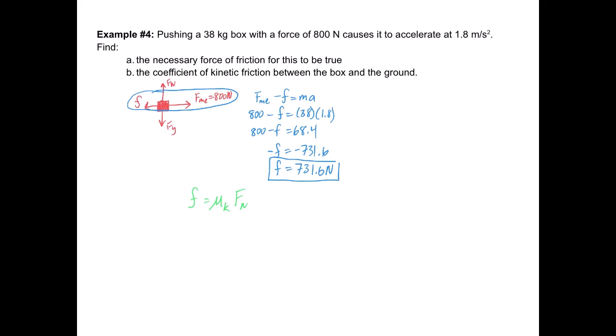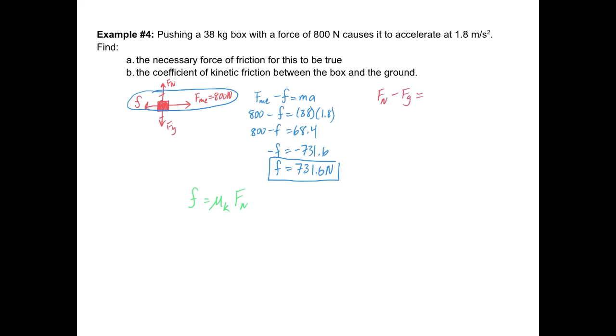Now, in order to do that, we are going to need the normal force there, right? And so to get the normal force, we can look at the vertical forces. The normal force is a vertical force. And you can do one of two things. You can either recognize that those two things are equal, and we can solve for Fg. Or, if you want, you can write your equation. You can go Fn minus Fg, because Fg is down, equals ma.